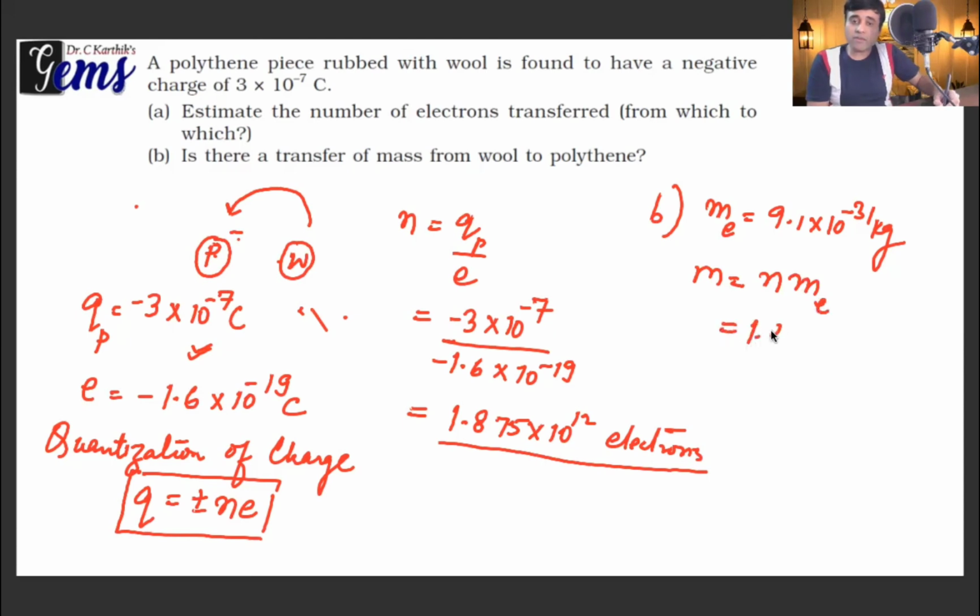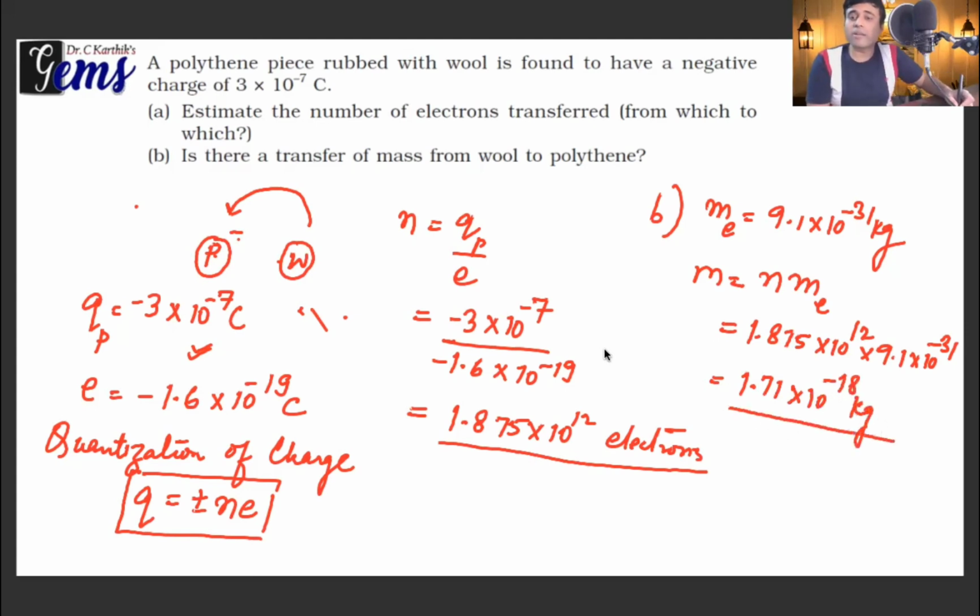So I can write 1.875 into 10 raised to power 12 into 9.1 into 10 raised to power minus 31. So if we solve this, we'll get 1.71 into 10 raised to power minus 18 kg. So this much mass has been transferred.